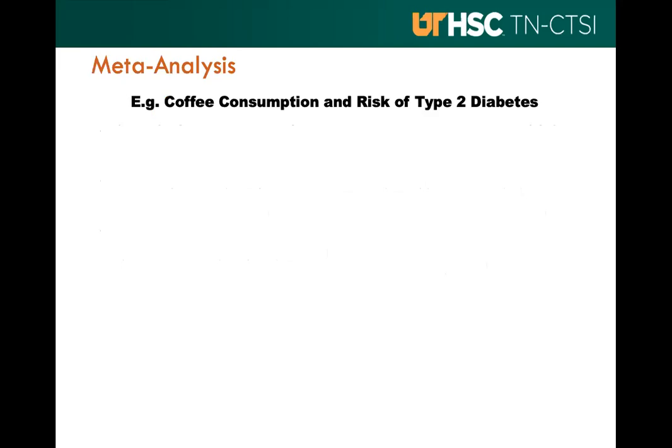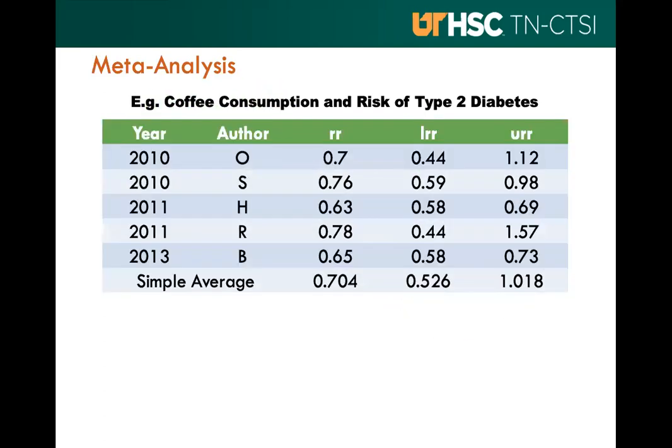Let's take up an example of averaging the effect estimates and the 95% confidence interval on the association between coffee consumption and the risk of type 2 diabetes. So we have 5 studies that were generated here.